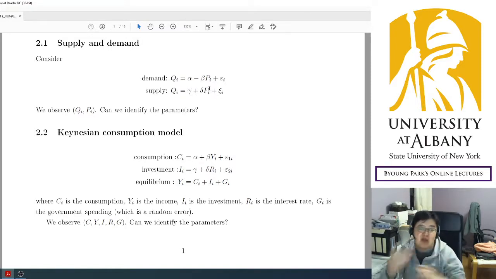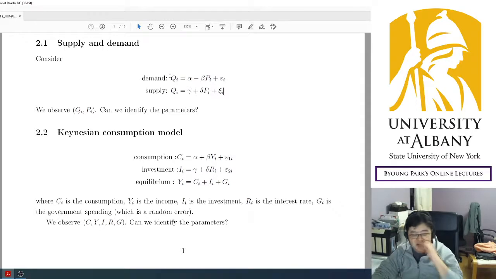And you can rewrite these equations that way. That is the reduced form. So the reduced form is the solution, the equilibrium, from this system of equations.